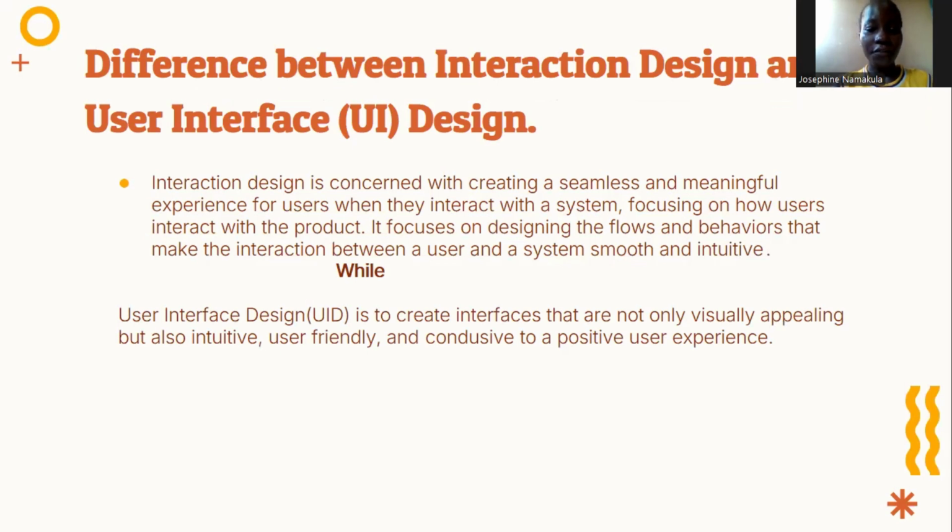While in user interface design, the aim is to create interfaces that are not only visually appealing, but also intuitive, user-friendly, and conducive to a positive user experience. The term user interface design is self-explanatory.